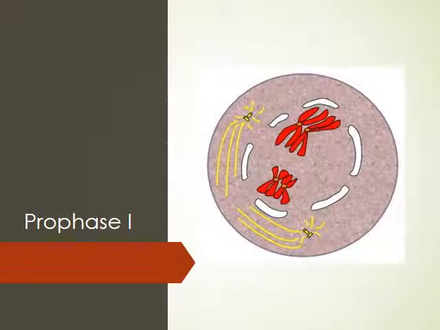First phase, prophase 1. The chromosomes thicken, the tetrads form, crossing over is occurring. The nuclear envelope dissolves, the mitotic spindle forms.